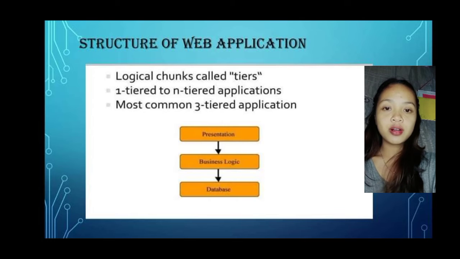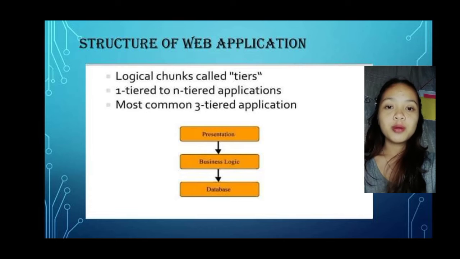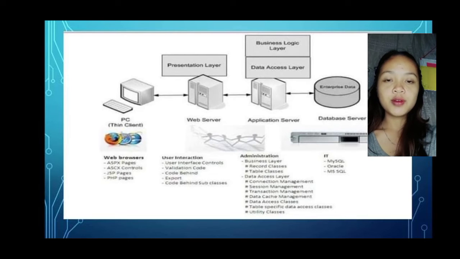Logical chunks called tiers, from one-tiered to n-tiered applications. The most common are three-tiered applications, shown as the presentation, business logic, and database. You can see that there is the presentation layer, business logic layer, and database layer.